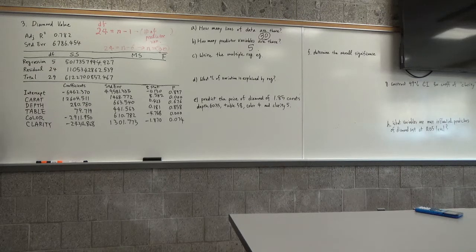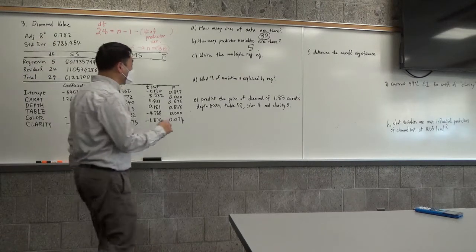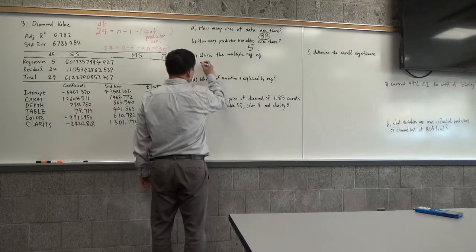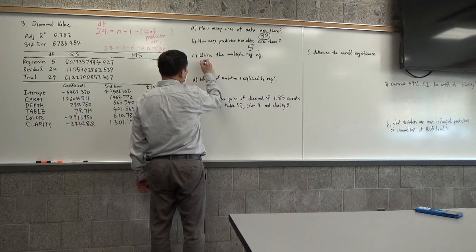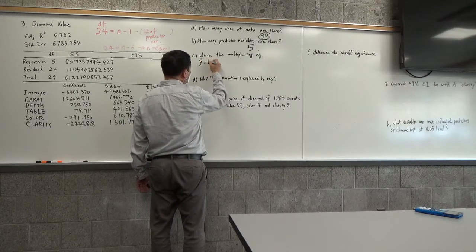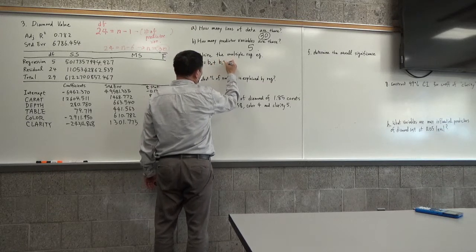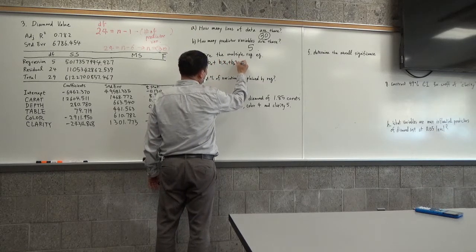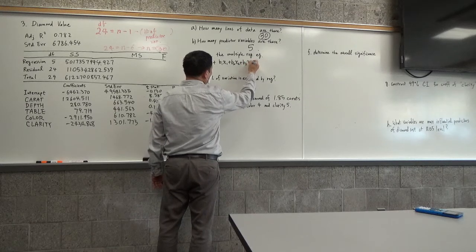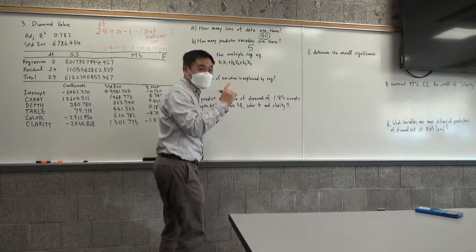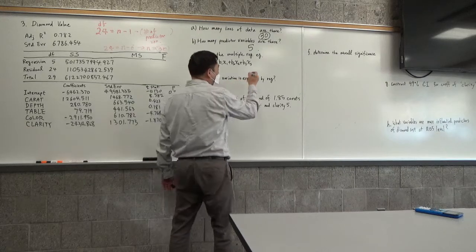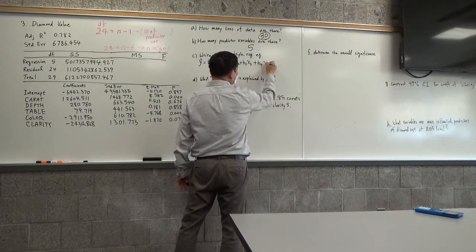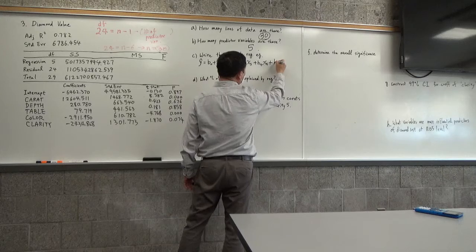Before we actually write the multiple regression equation, you have to first figure out what the form of the equation looks like. The multiple regression equation is y hat equals b0 plus b1 x1 plus b2 x2 plus b3 x3, and when do I stop? 6? b4 x4 plus b5 x5.